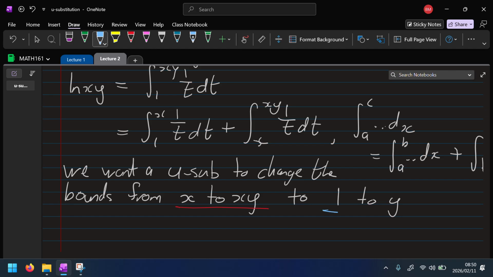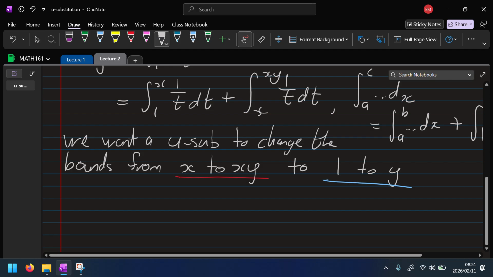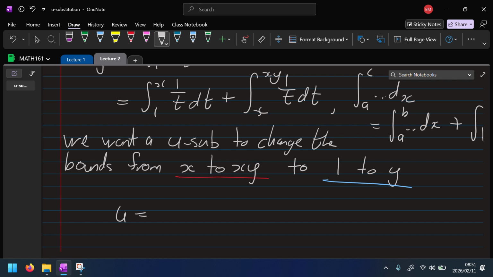Let's put that in blue. So we have some U substitution where if we put the old bounds in, we get the new bounds out. So it's going to be U equals something, right? It's a normal U substitution. Something with t, right? That's our variable there.